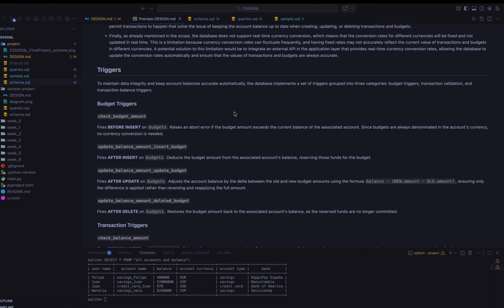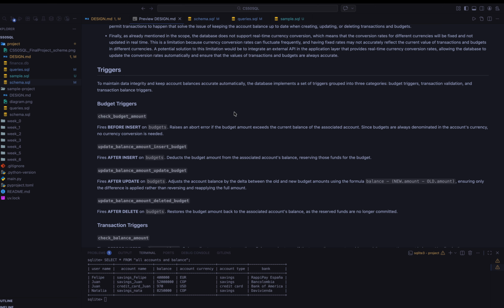This is interesting because normally you would calculate the balance on the fly. You would aggregate all these transactions, sum up all the incomes and sum up all the expenses, and then subtract all those expenses from all those incomes, and you would end up having the balance, right?